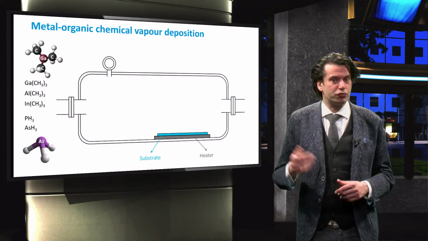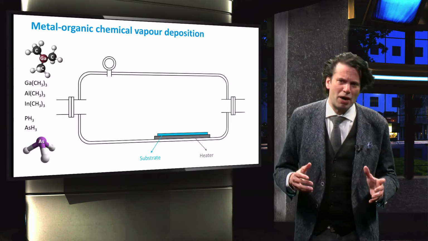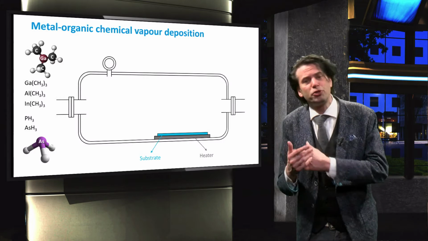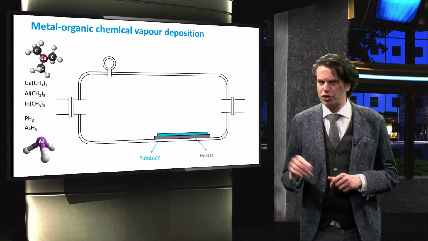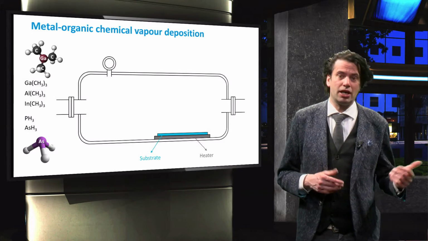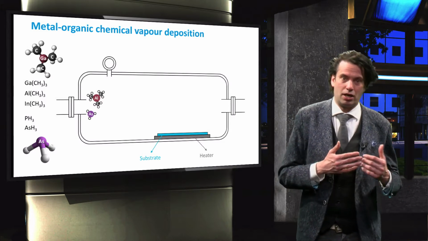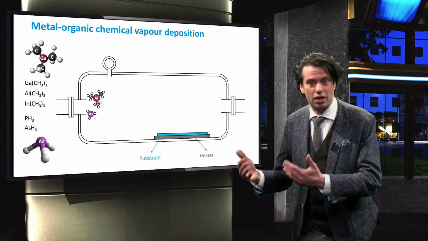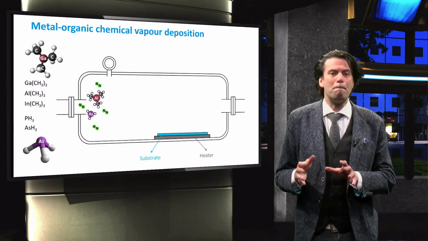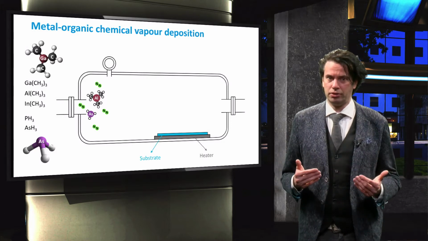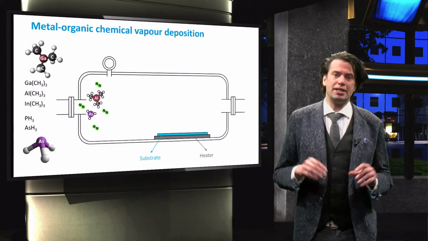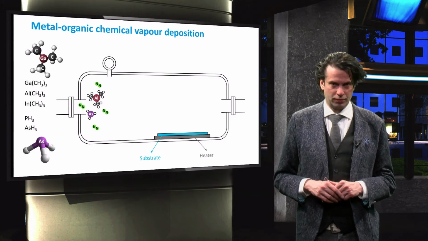Arsenic and phosphorus, on the other hand, are bound to 3 hydrogen atoms to produce arsine gas and phosphine gas. For the deposition of the intrinsic gallium arsenide, a flow of 3-methyl gallium, arsine gas and a carrier gas like molecular nitrogen is pumped into the chamber. In order to deposit a crystalline material, the precursor gases need to be dissociated.